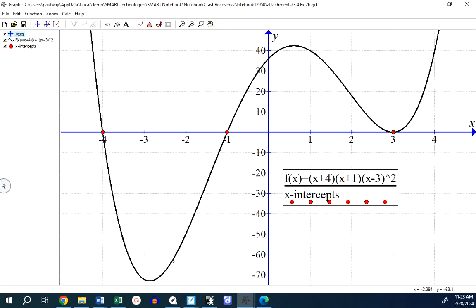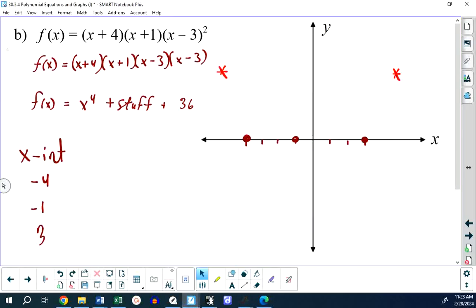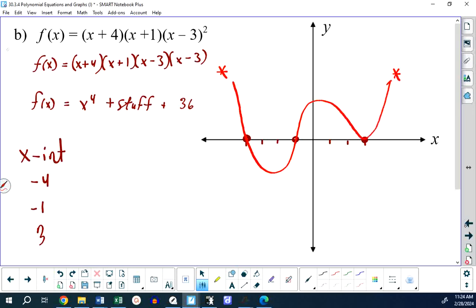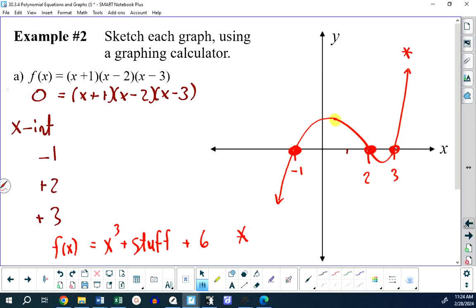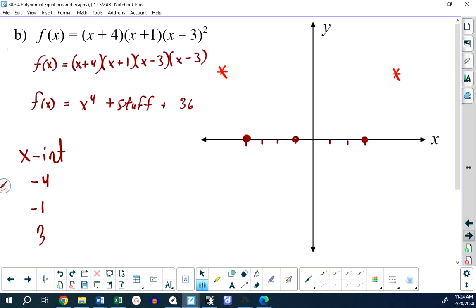So this is what it looks like. It comes down through here, changes directions, goes up through here, comes down, and nice and smooth, do that again, comes down, up, down, nice and smooth. It doesn't have to be perfect. You could draw it that way. You could draw it this way.